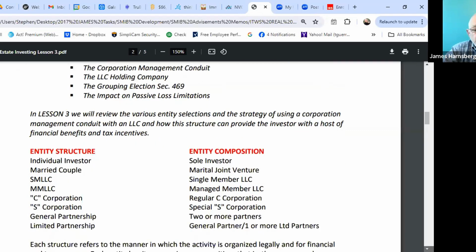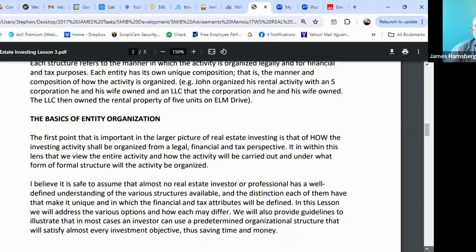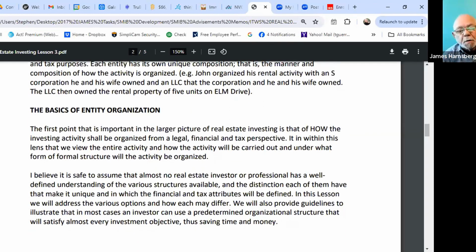So moving along, the basic entity organizational structure is a basic corporation. Generally, it remains a C corporation, and the LLC remains a managed member LLC.